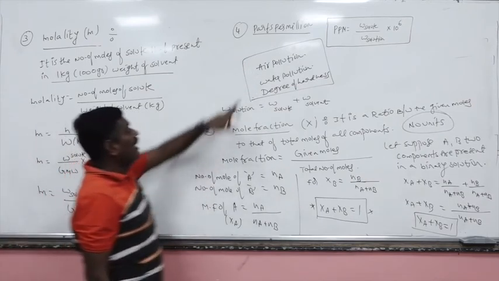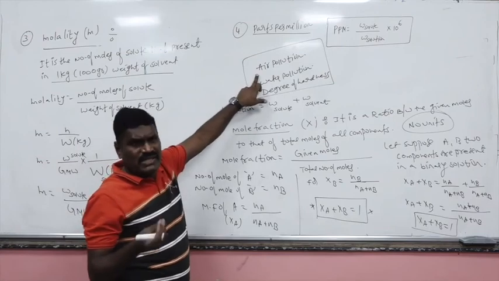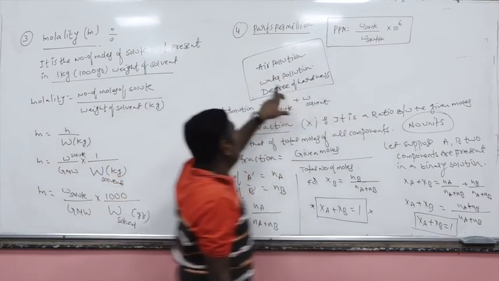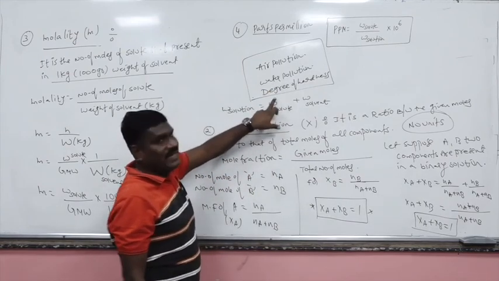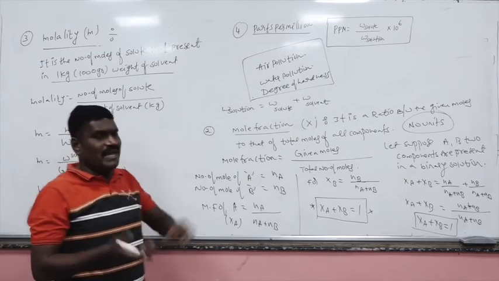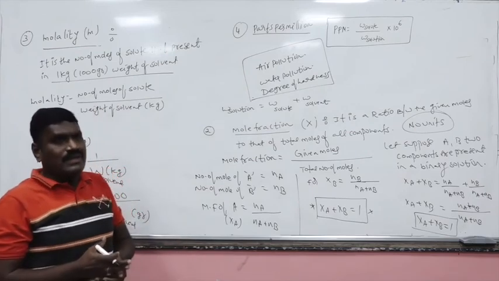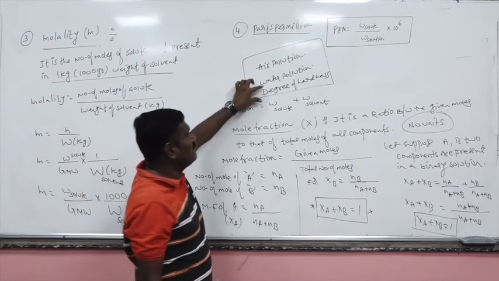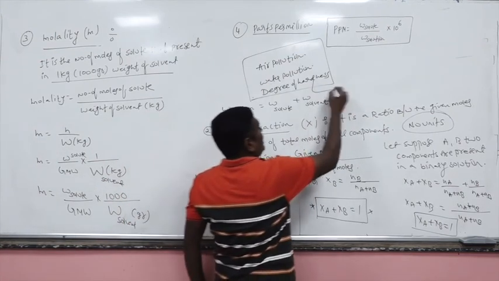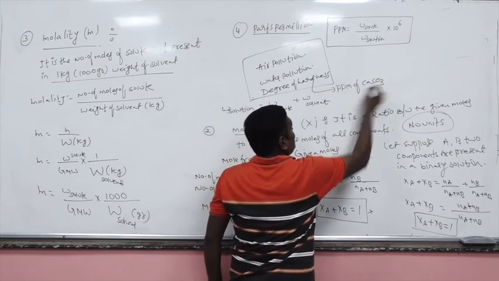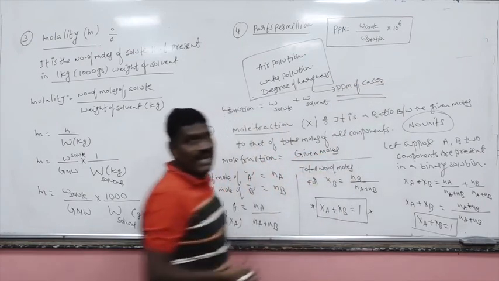The amount of the pollutant is a very trace amount, very small. That's why we express it in ppm. And water pollution, and also degree of hardness. When some carbonates, bicarbonates, chlorides, sulfates are present in water, the water is said to be hard water. The hardness of water is expressed in terms of degree of hardness, which is expressed in parts per million of CaCO3. In terms of CaCO3.